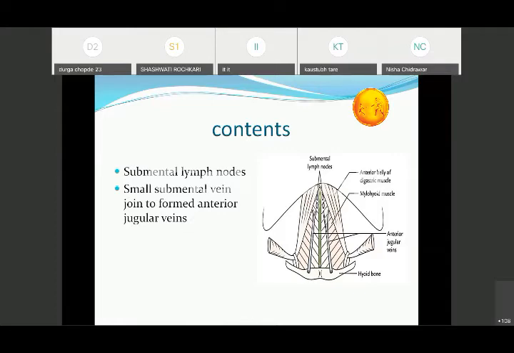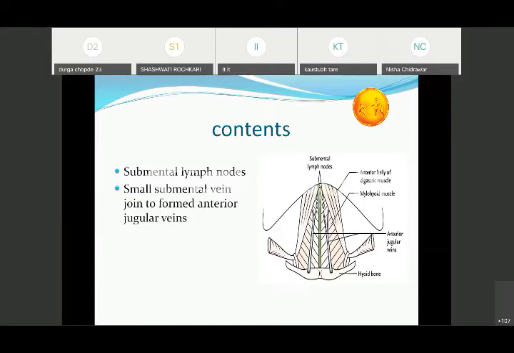And the small submental veins will join to form the anterior jugular vein. So here you can see the anterior jugular vein, and these are the small submental veins. The main content is the submental group of lymph nodes.